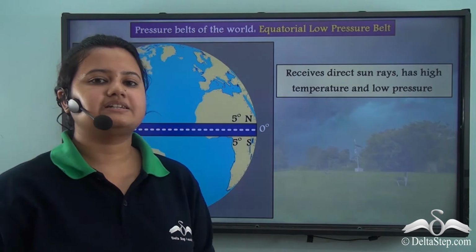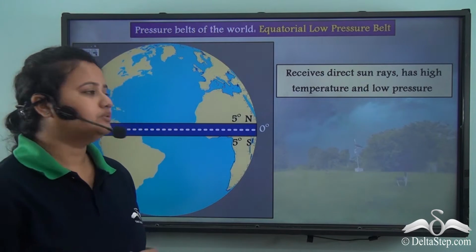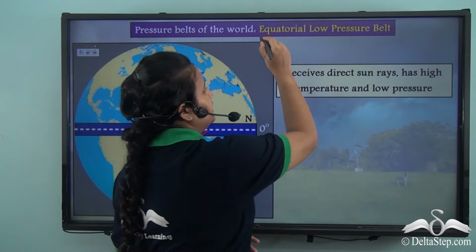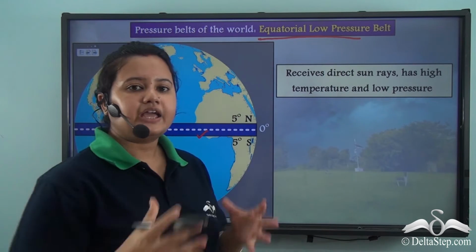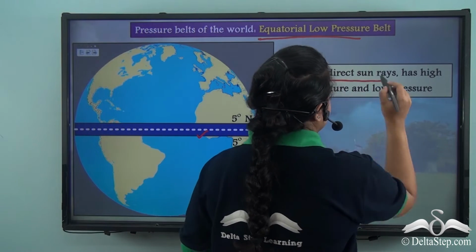So, we just learned that the equatorial low pressure belt exists around the equator. We will now discuss the characteristics of this equatorial low pressure belt. The equatorial low pressure belt receives direct rays of the sun.